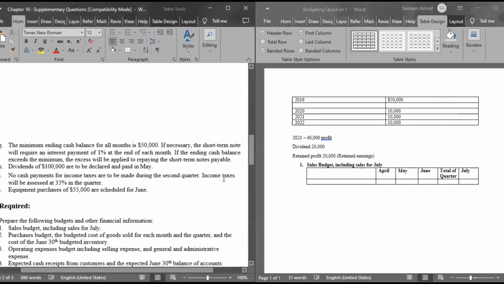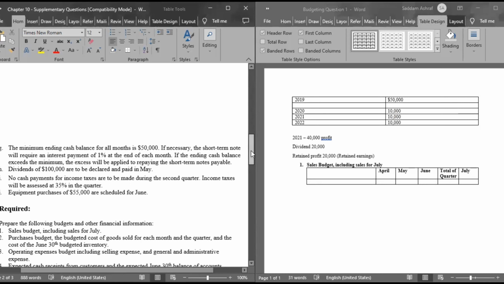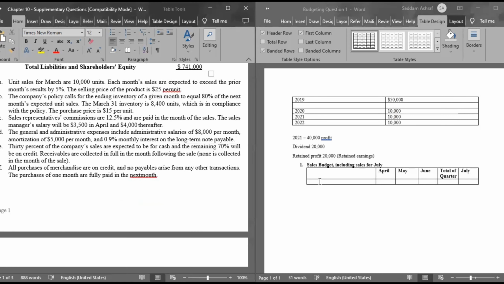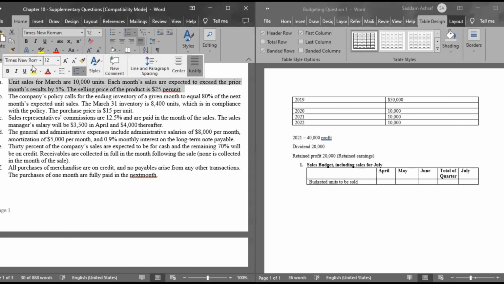This is the format of the sales budget. We will use all the required information from the question. In the sales budget, first of all, we need to write the budgeted units sold. In point A, he has provided the information which we will use in the sales budget. Just look at the question.